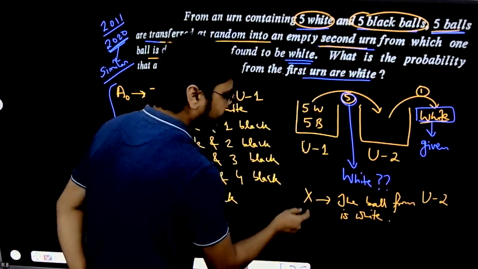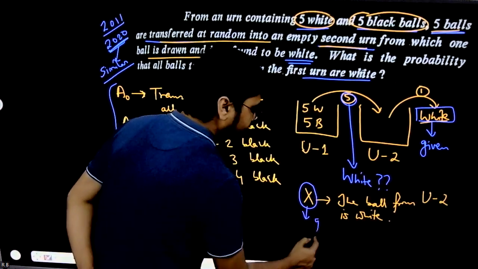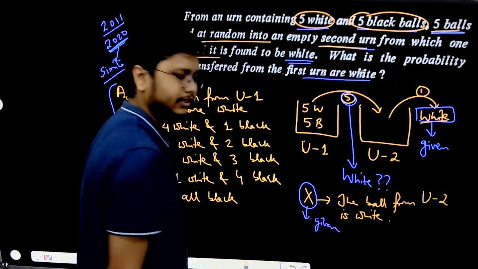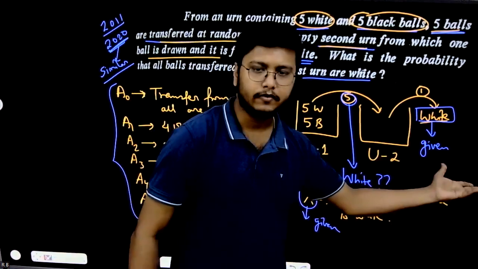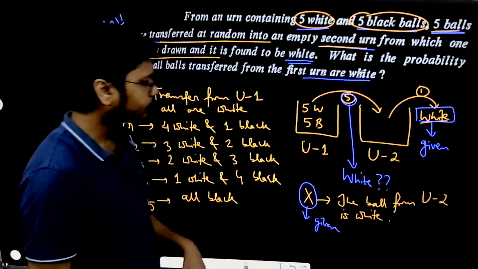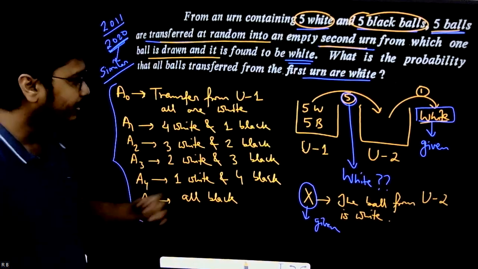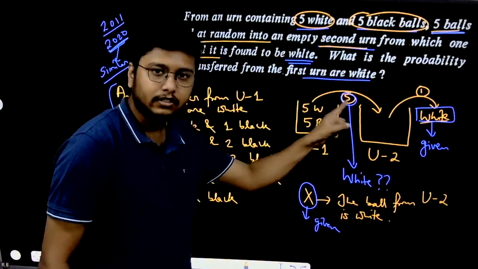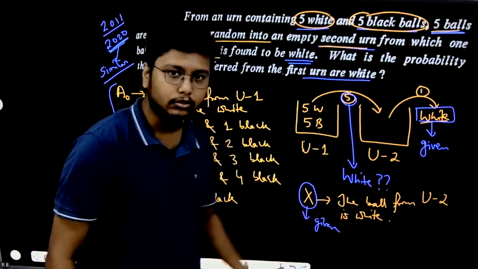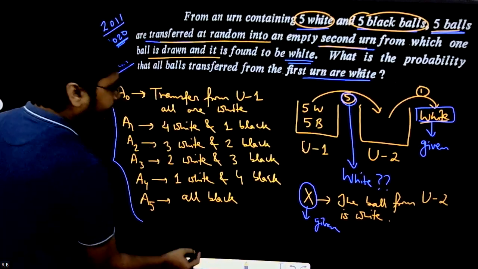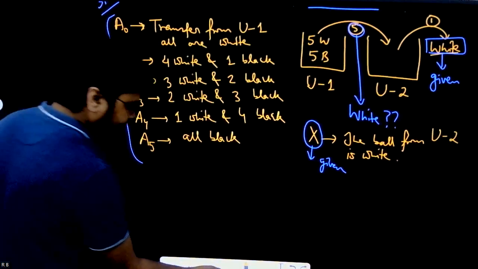It's given in the question that this last ball that you're taking from urn 2 is white. So what we need to find out is about these 5 balls which are transferred.